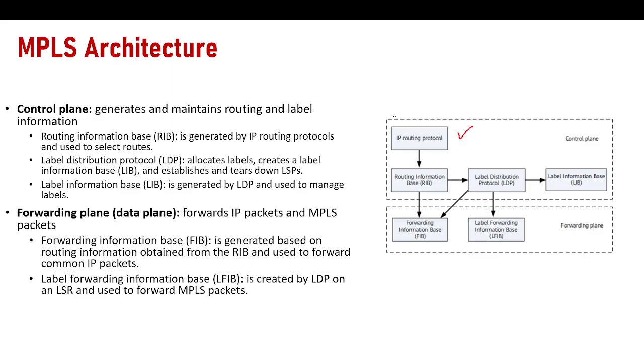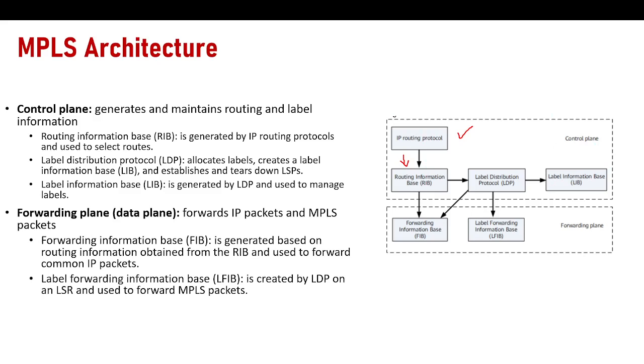It could be OSPF, ISIS. They all have a routing table that is generated on every router. Once we have this routing information, the best routes will be installed in the routing information base, which we call the RIB. So from the IP routing table, we are generating the routing information base, and this is still on the control plane.